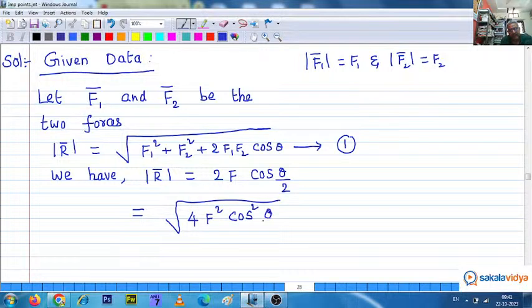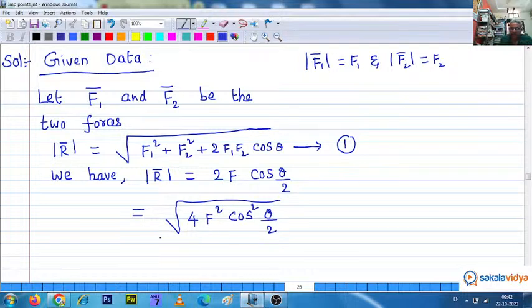Can I write like this? You check it. The square root of 4 is 2, the square root of f square is f, the square root of cos square theta by 2 is cos theta by 2. So instead of 2f cos theta by 2, we are able to write root of 4f square cos square theta by 2. Do you agree with me or not?